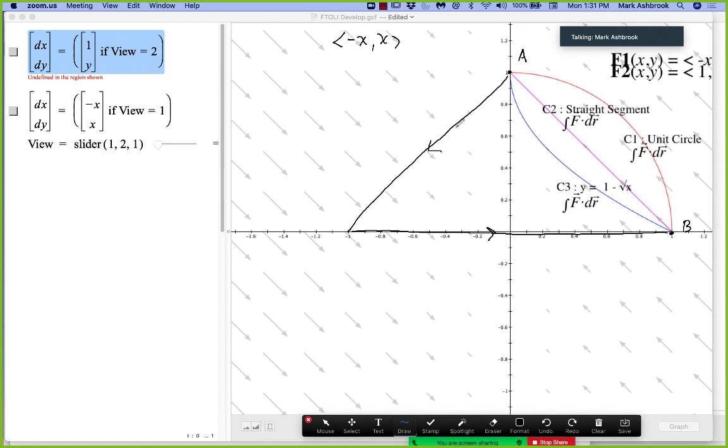So it's 0 because you're orthogonal to the vectors. Then you have a positive contribution to the origin, and equal an opposite negative contribution to B. So it'd be 0, and then it'd be positive to here, and then you'd be back to 0 when you get to B.